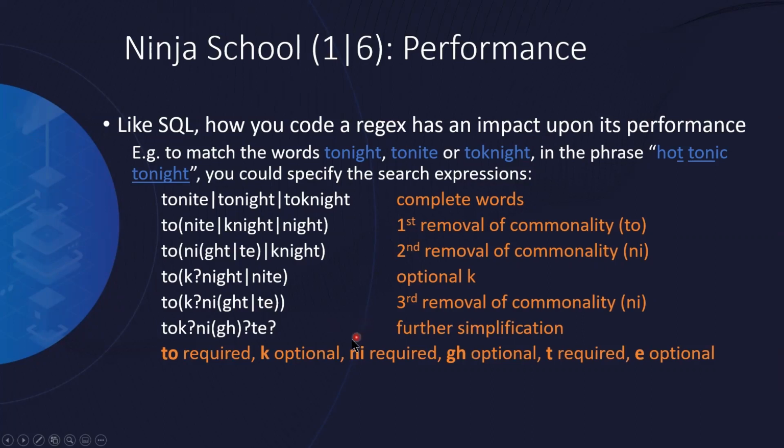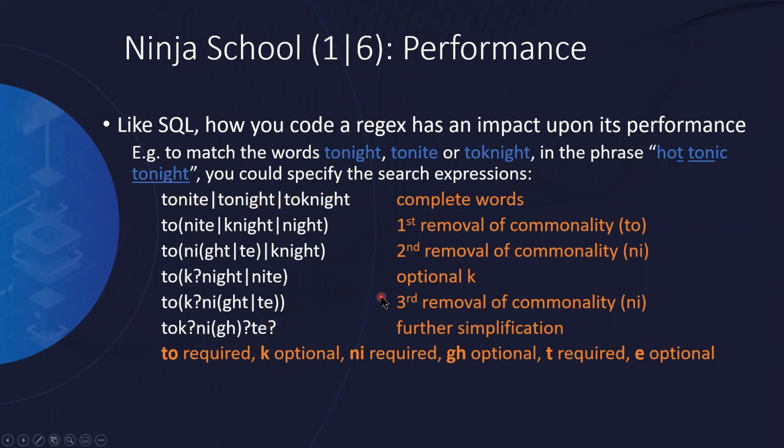Further simplification is this. So TO is required. K is optional. NI is required. GH is optional. T is required. E is optional. This would match all of these.